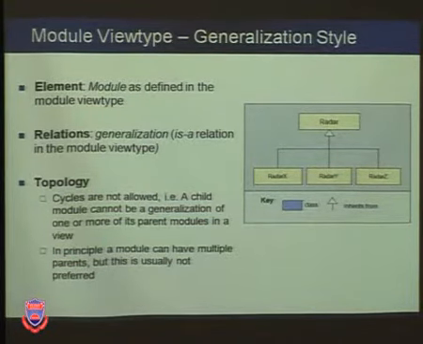What is a generalization view? This is an example of a generalization view. Imagine we are building radar systems. Then in the views and beyond approach, we could define a generalization view by using the generalization style. Then we get this as an example. These are the modules, in this case classes, and this inheritance relation.